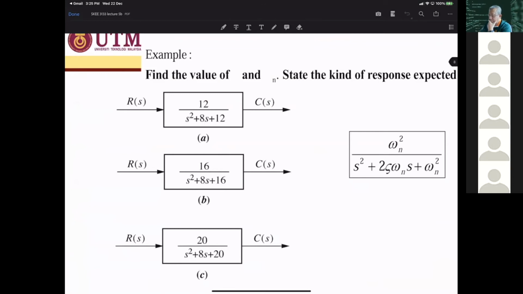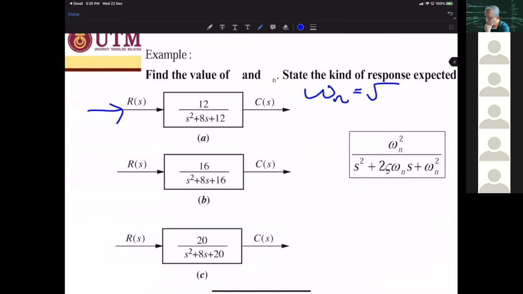Farid Rizwan? Yes, Doctor. Omega n? Square root 12, 3.46 radian per second.